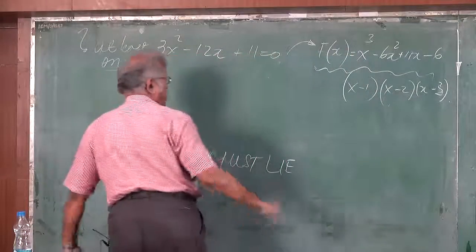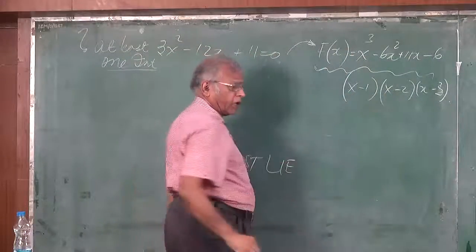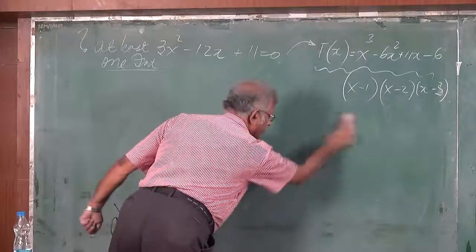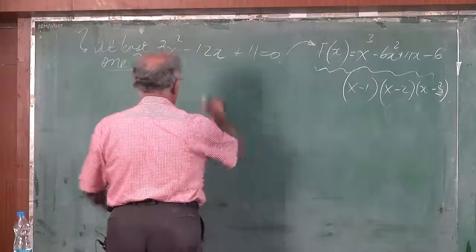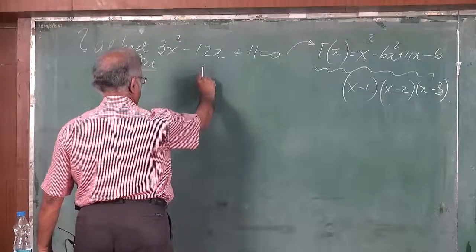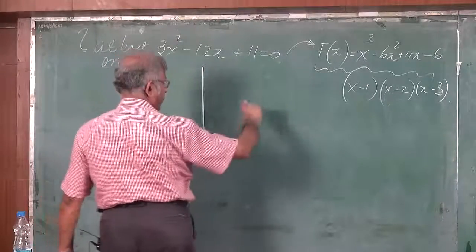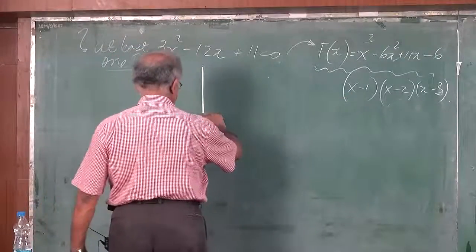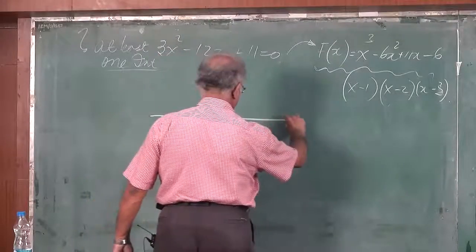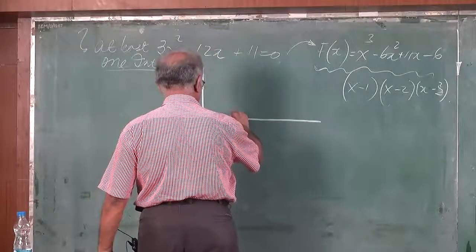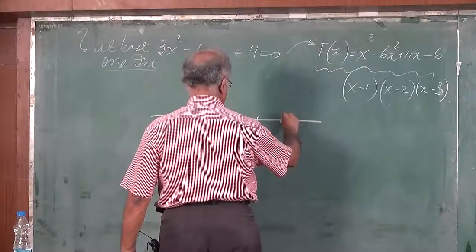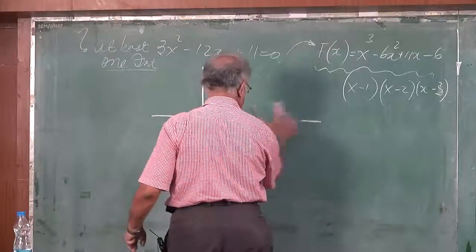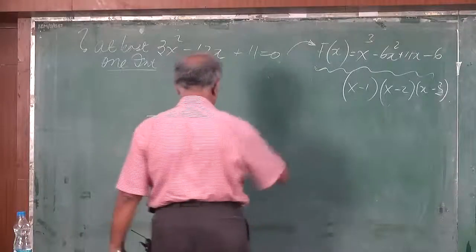And we will try and see how the parent function graphs. Then we will get back to the mainstream problem. For those of us who have graphed this function, we see that it goes something like this. If this is 1, this is 2, and this is 3, so we will take wider spaced values so that the graph turns out to be very nice.